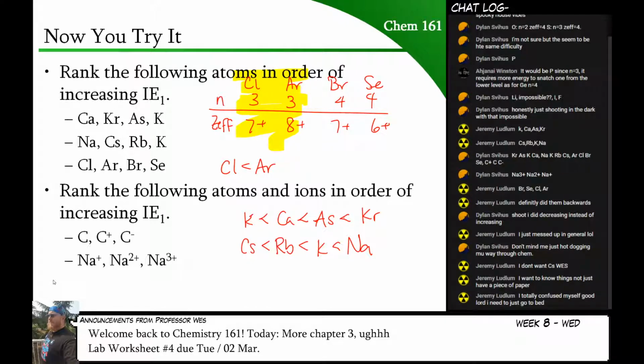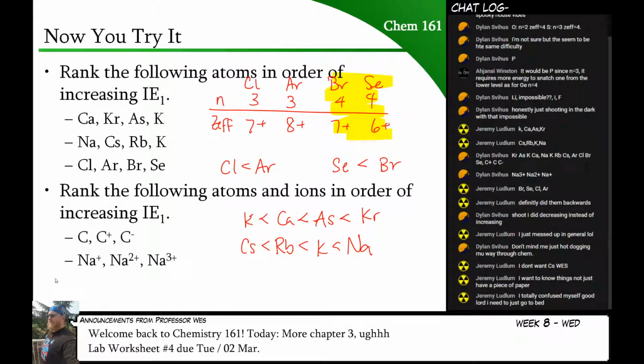Okay, so we got that pair. Now I'm going to compare two other ones that have something similar. I'm going to compare bromine and selenium. And we can see that, well, selenium has a lower Z effective, so selenium has to be lower than bromine in terms of ionization energy.